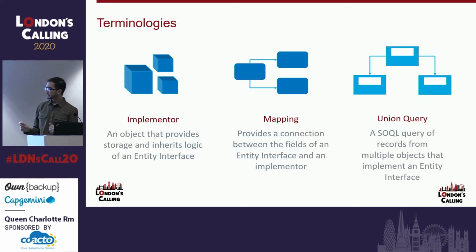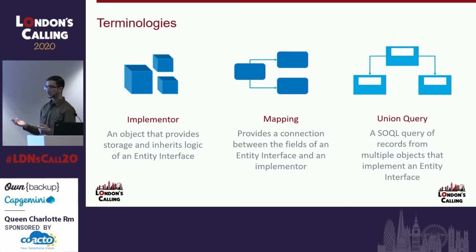So remember, we talked about data sources: the standard object, custom, AppExchange, or external objects. Now, from the entity interface's point of view, you need to remember three different terms. One of them is implementer. Those data sources in entity interfaces are called implementers.